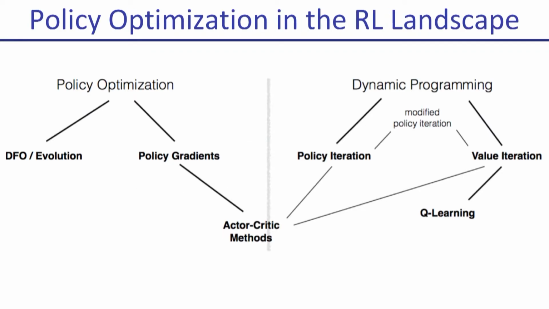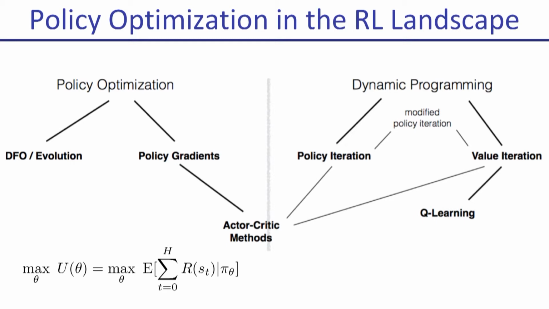Dynamic programming is the most common kind of method that exploits this structure. In value-based methods like value iteration and Q-learning, you write down the Bellman equation that describes the consistency constraints of the optimal solution. There you exploit a lot of the problem structure of the MDP, and that usually gives you very efficient sample usage when you do make them work.